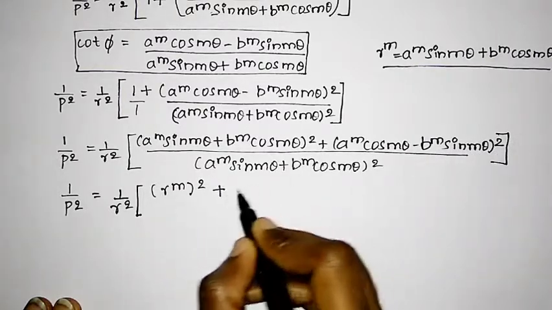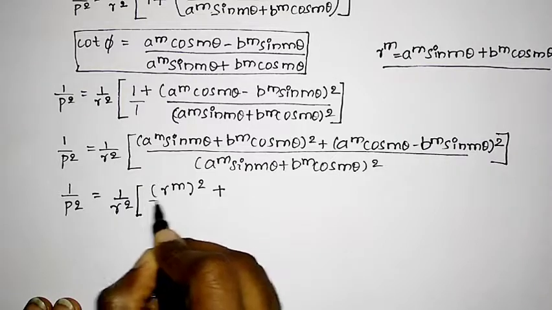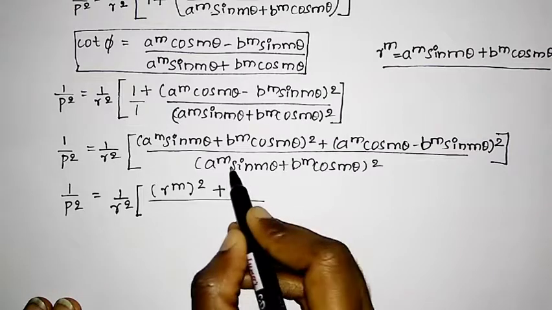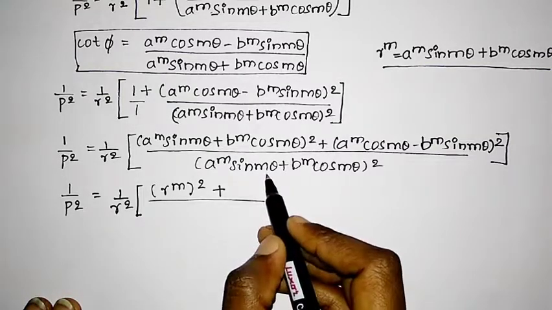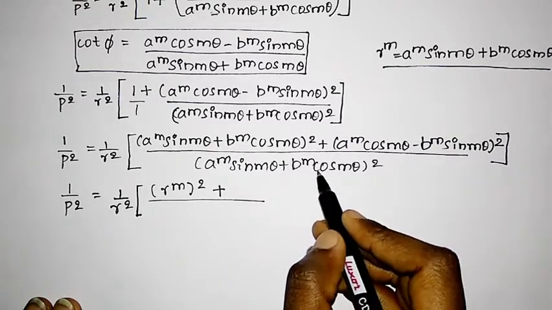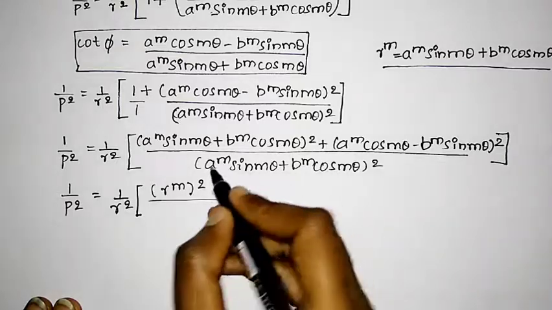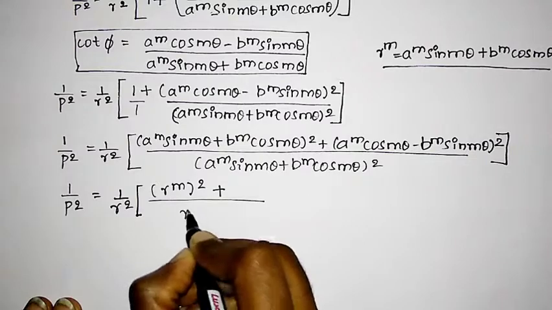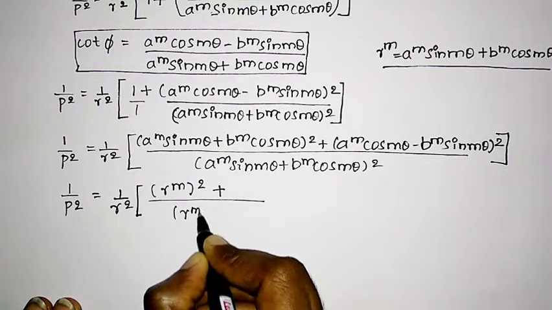Then after that, similarly this is a raised to m sin m theta plus b raised to m cos m theta. So this will be r raised to m whole square.